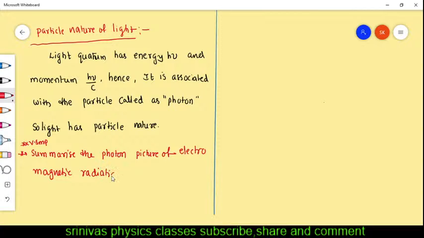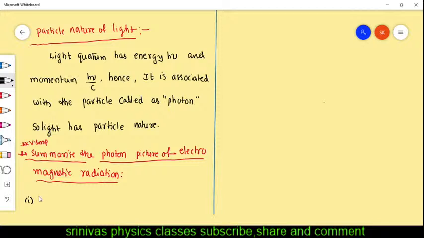This is our topic. Very important. This photon picture we have to explain. How? I will give some points that are very easy to understand. With these points you have to write in the exam if it comes.